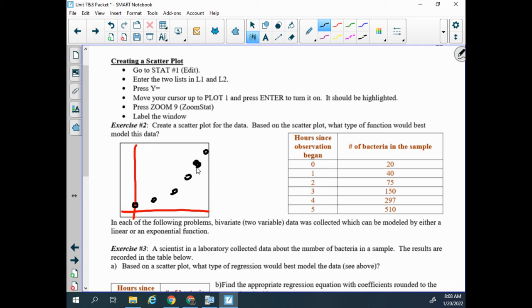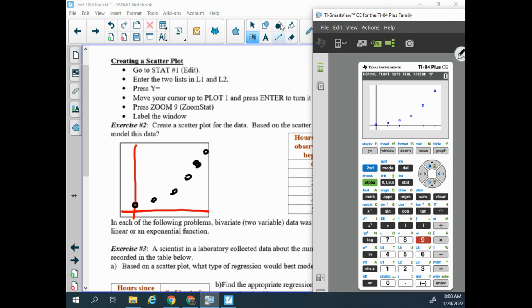So what we're going to do based on that, we're going to move down to exercise 3 and read that. I do want to point out on the calculator that if I go to window, I can see the actual window. So the x values here go from negative 0.5 to 5.5, and the y's go from negative 63 to 593.